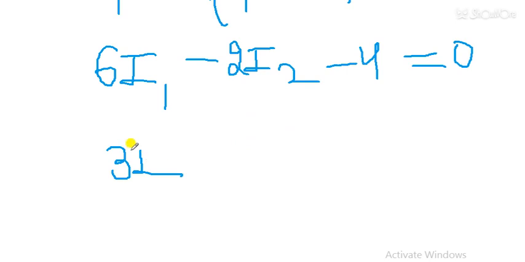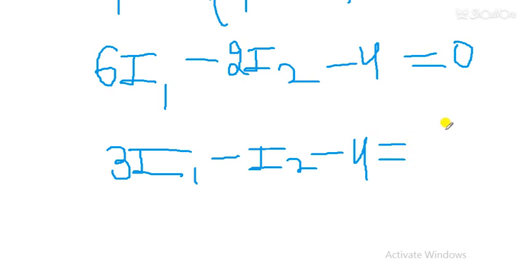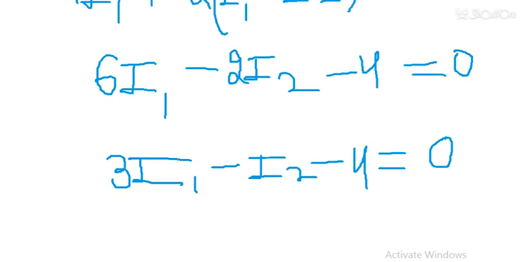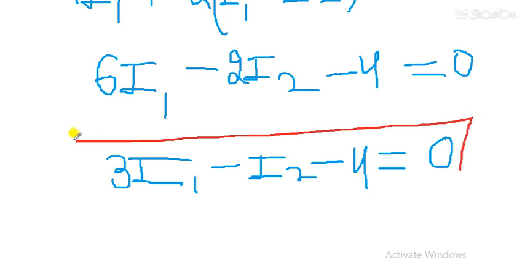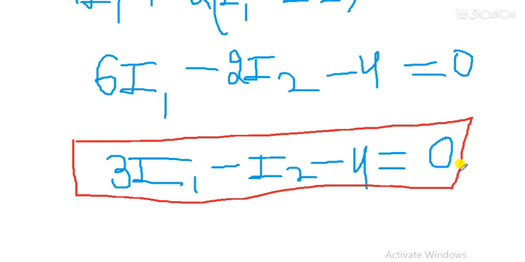So 3I1 minus I2 minus 4 is equal to 0. So students, I am marking this equation in a box so that I can easily understand which equation I have to use further. So I have noted it down.